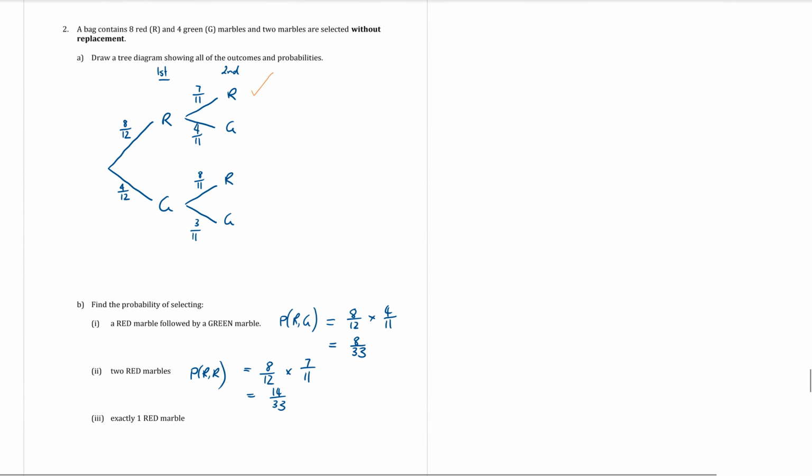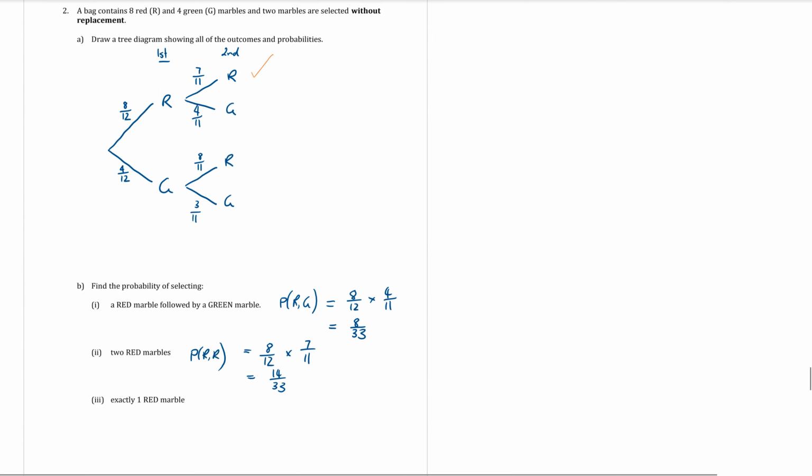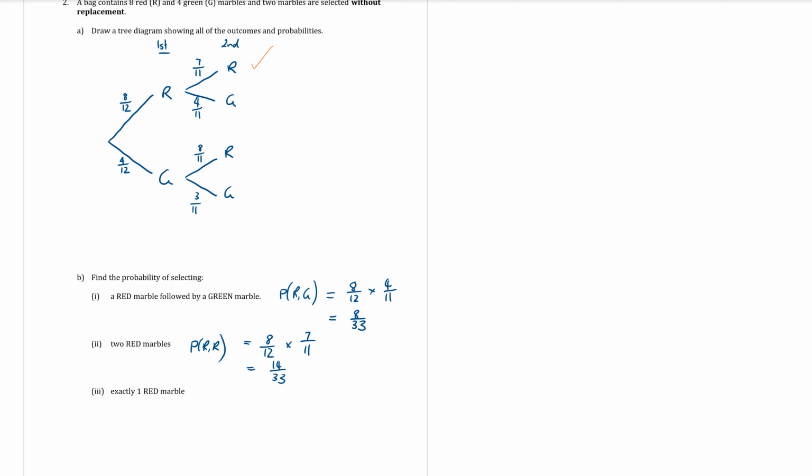Part 3. Find the probability of getting exactly 1 red marble, not 2. So that first branch doesn't count, can't have that one, but I could have red-green, or I could have green-red. There's 2 possible branches there.